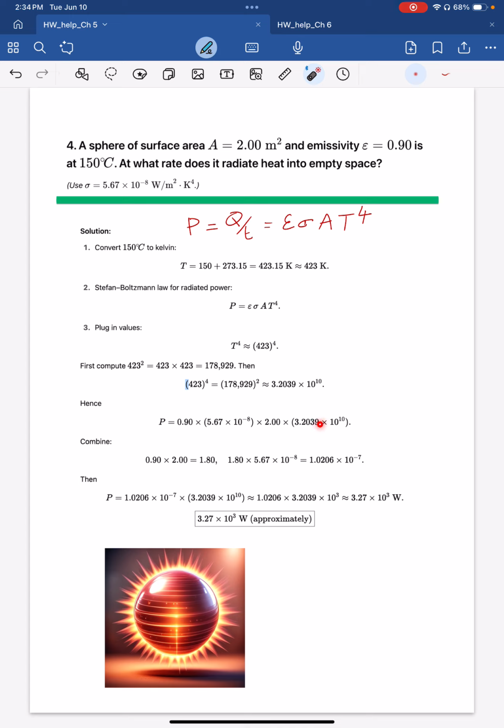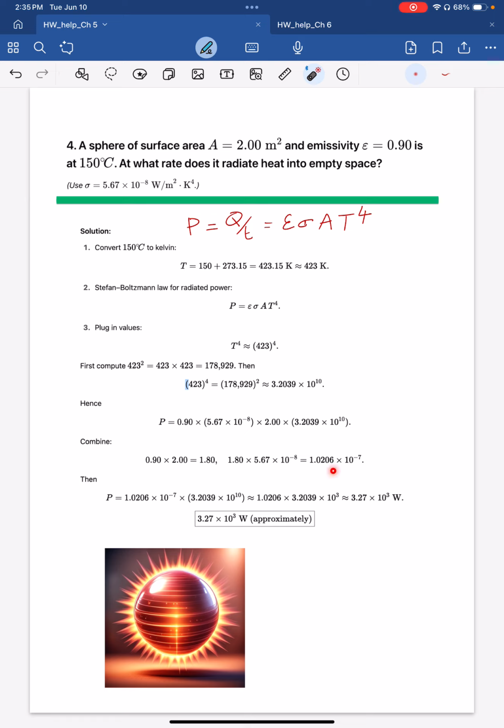And then after that, you got to multiply that with the emissivity, Stefan's constant, surface area, and that number. So do the math carefully. I've tried to do some combination here. This time, this is 1.8, and then 1.8 times 5.67. It gives you that. And so you can enter everything in your calculator, but just please be careful.